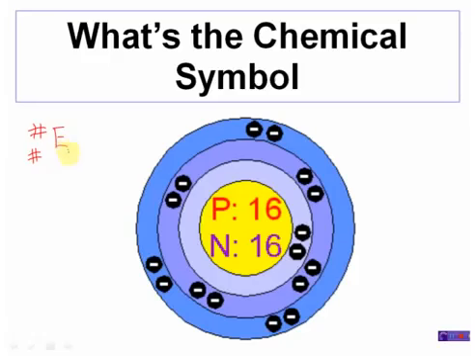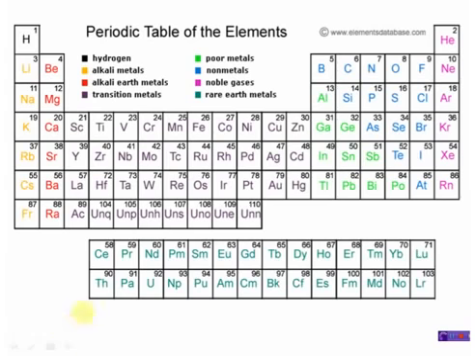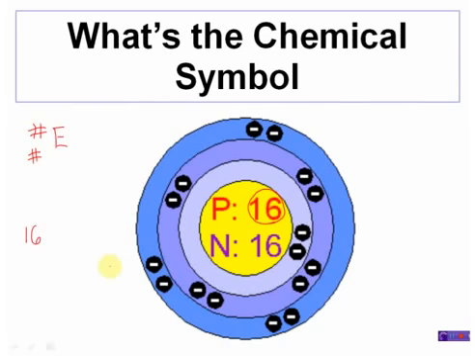The element in this case is element number 16. The number of protons defines what element it is. Well, the bottom number we said before was the atomic number. The atomic number is 16. Element number 16, let's go there. Here it is, element number 16. Element number 16 is sulfur. So now we're going to go back and write down that this was sulfur.